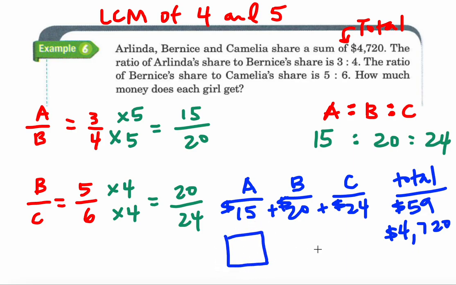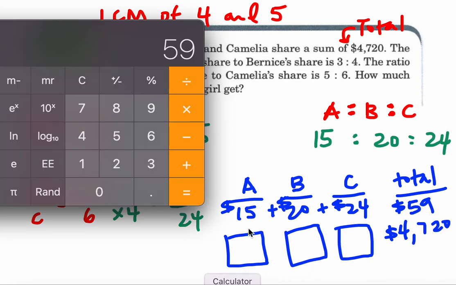We need to figure out what goes in each of these boxes. So just like before, we need to figure out the relationship there. What is the relationship? How do I get from 59 to 4,720? Let's see. 4,720 divided by 59 is 80. Okay, it's 80 times more because 59 times 80 is 4,720.